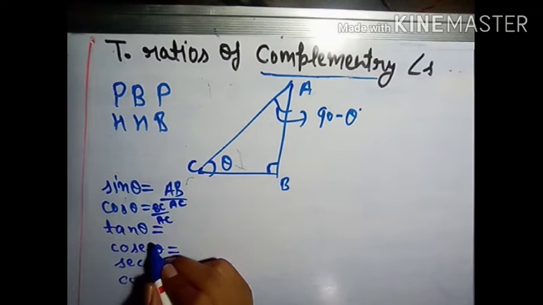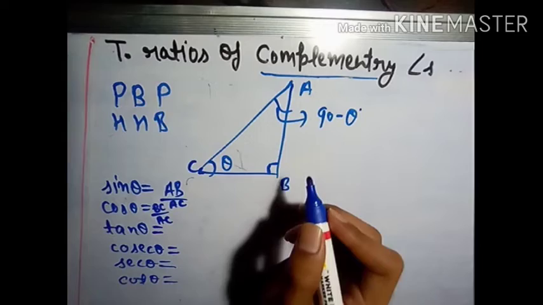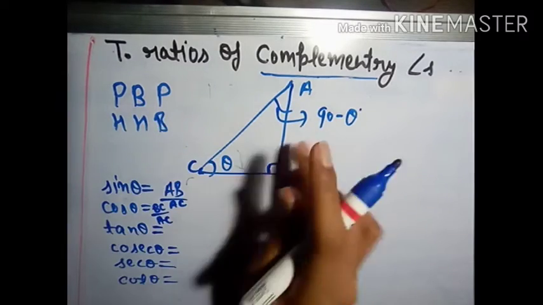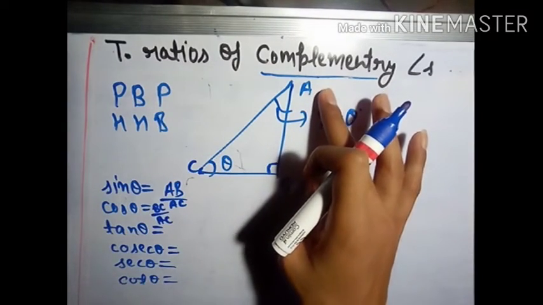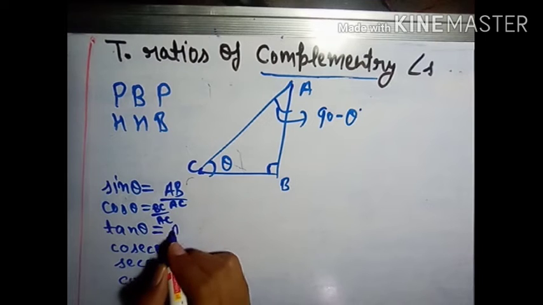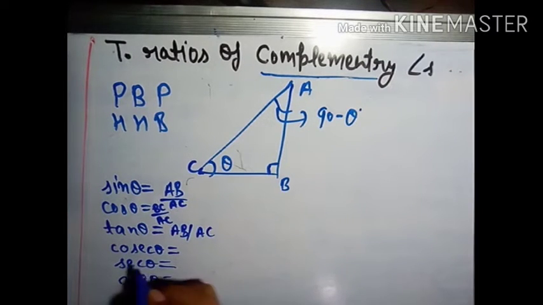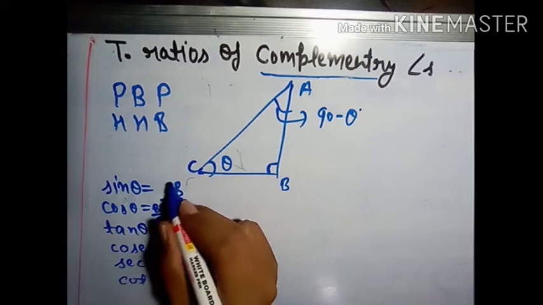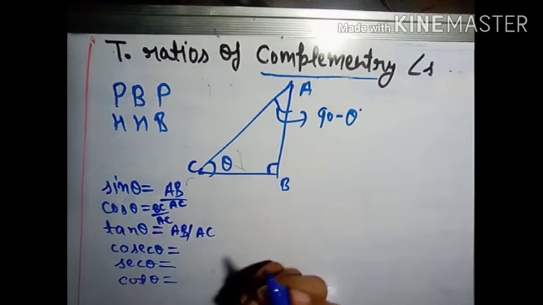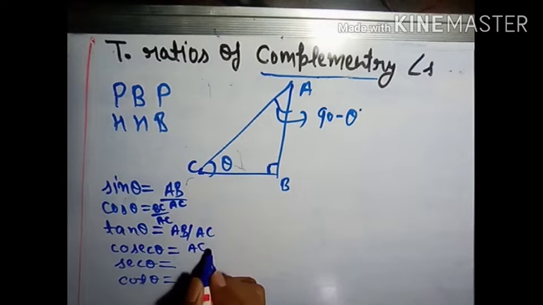What about tan theta? Perpendicular upon base. AB is the perpendicular and BC is the base, so it becomes AB by BC. Now for cosec theta we can take the reciprocal of sine theta, so this becomes AC upon AB.